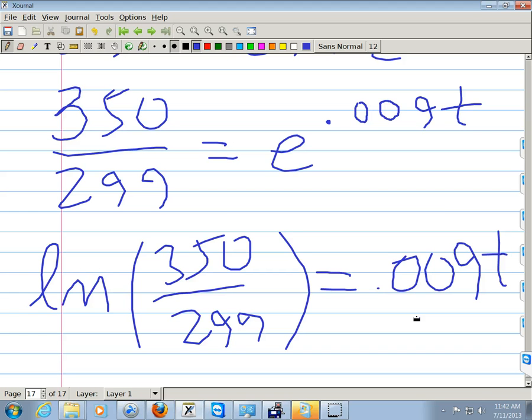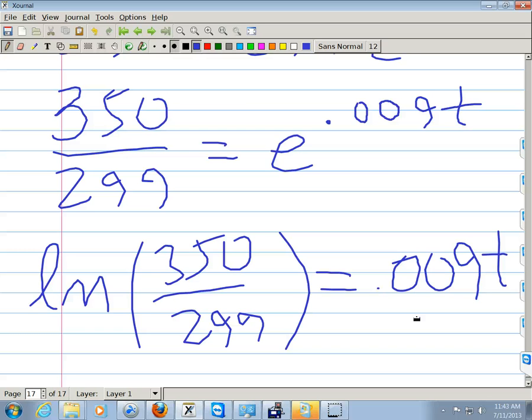divide by 0.009. Now you can do that, but realize that 0.009 is 9 in the what's place? Thousandths place. So it's 9 thousandths. How do you divide by a fraction, like 9 thousandths? You divide by 9 over 1,000 means you multiply by the reciprocal, 1,000 over 9.